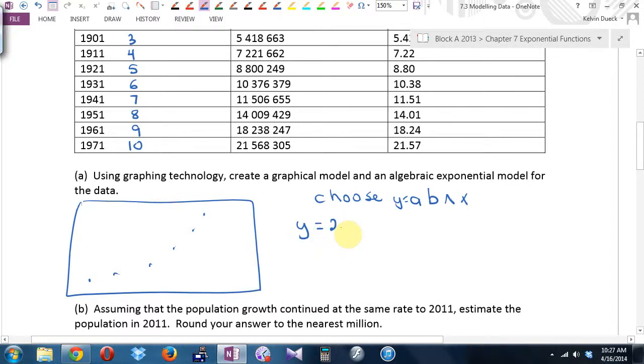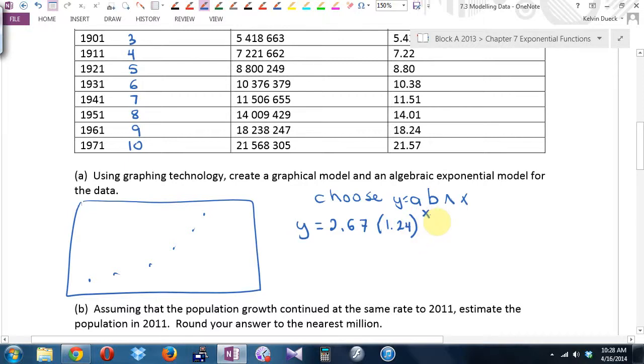Okay, they should all be the same. What is it? 2.67 of what? What's the base? What's b? 1.24? To the power of x.